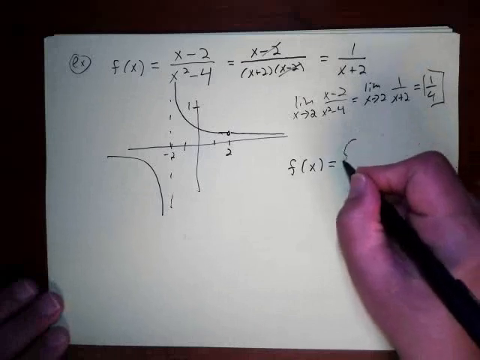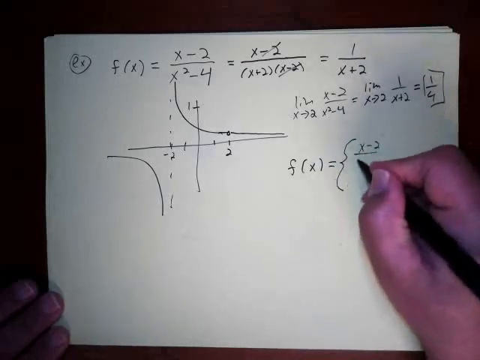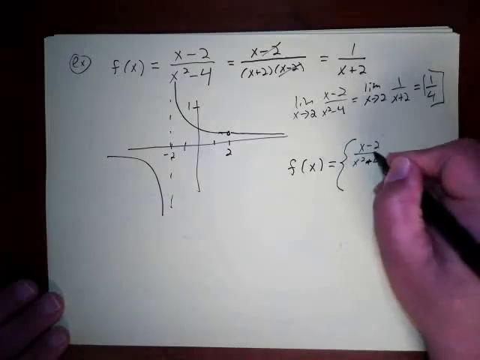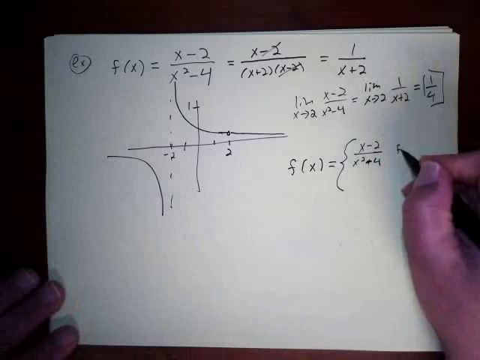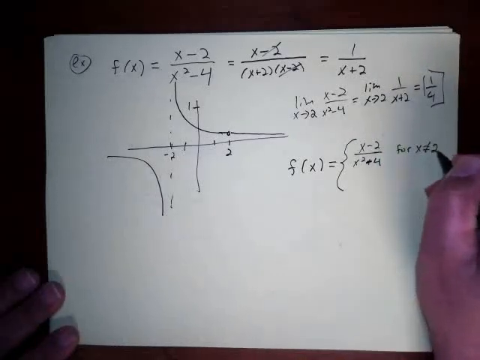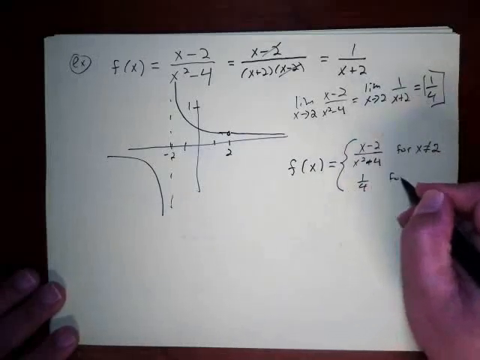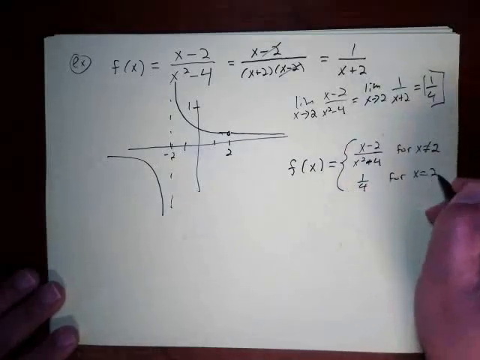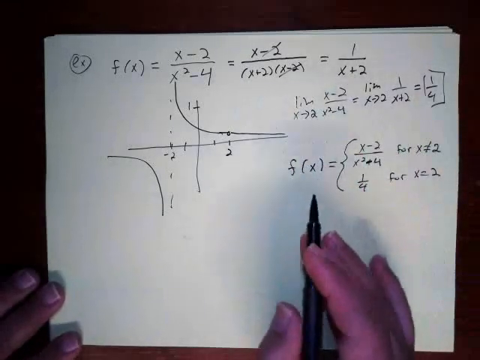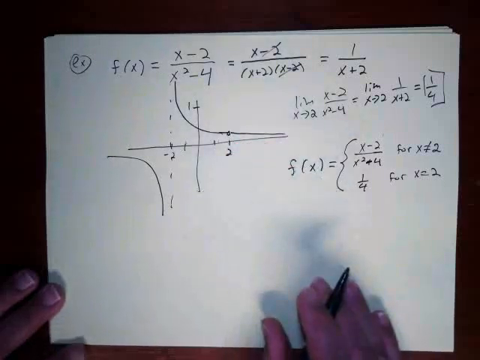So it would look something like this. This would be x minus 2 over x squared minus 4, and this would be for x not equal to 2. And then I'm going to define it to be 1/4 for x equals 2. This function, defined in this way, this down here is filling in that hole, right?